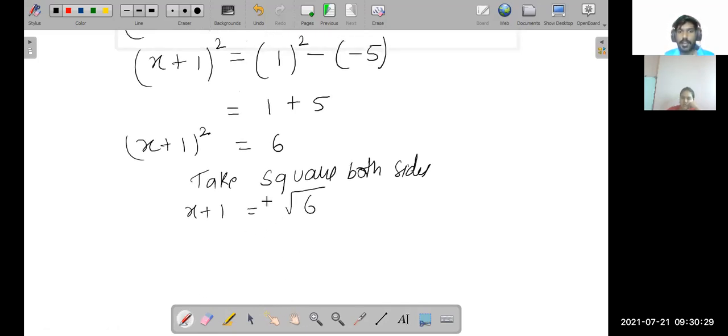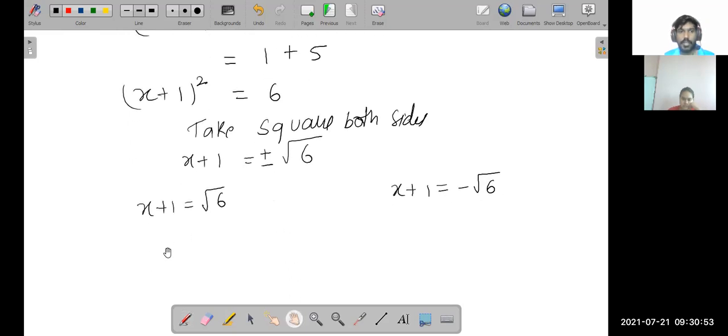Note one thing, whenever you put the square root sign, you put plus minus root 6. So this will become x plus 1 is equal to plus root 6, and this will become x plus 1 is equal to minus root 6. Here you take plus 1 to the other side, so it will become x is equal to root 6 minus 1.